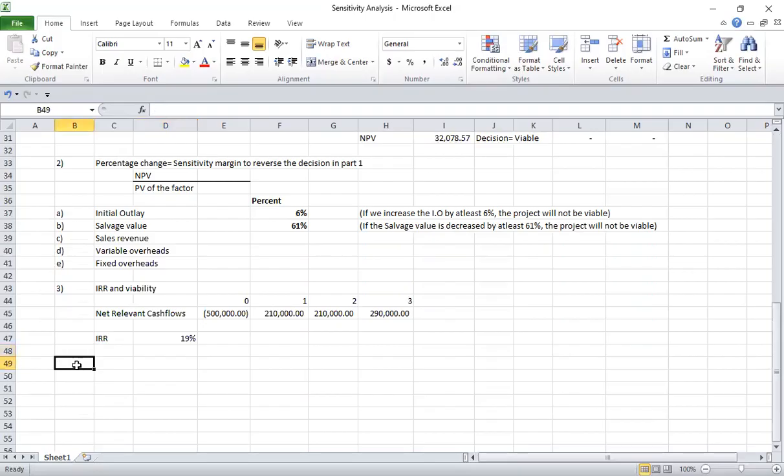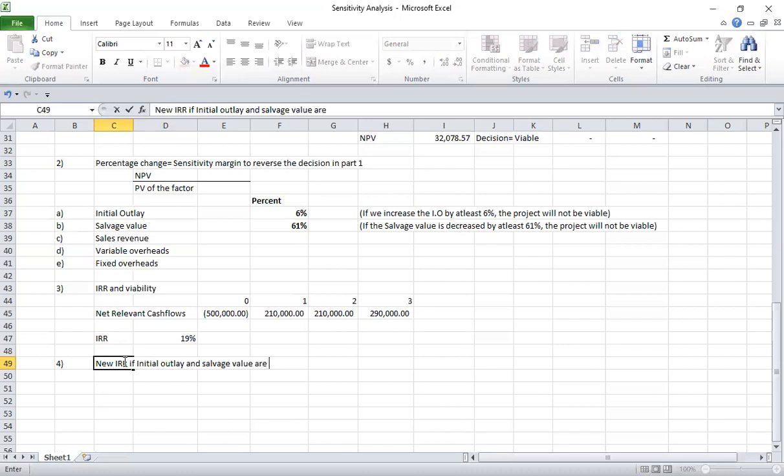Number 4 is looking for what we can call the new internal rate of return if the initial outlay and the salvage value are adjusted adversely by 20%.